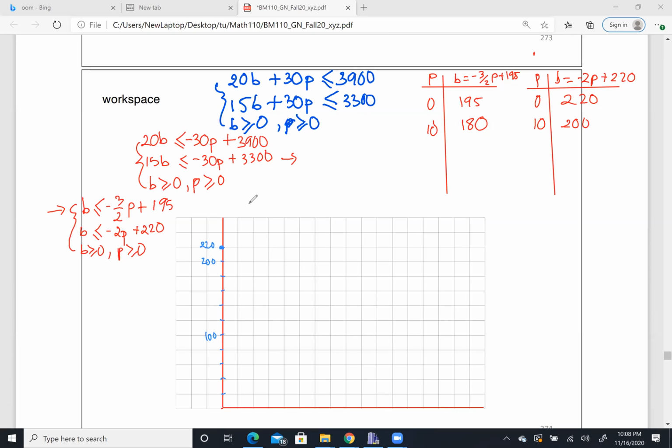So here is the first point for the second equation, and the first point for the intercept of the first equation is 0, 195. So it's here. The second one, say here is 10, and I have 10 and 180. 180 is here.